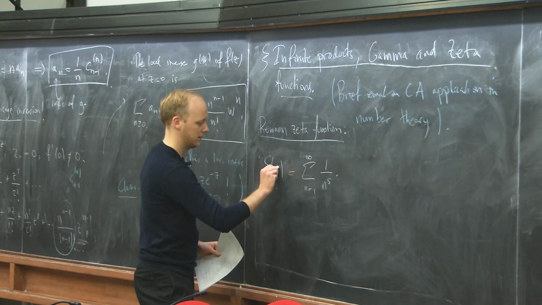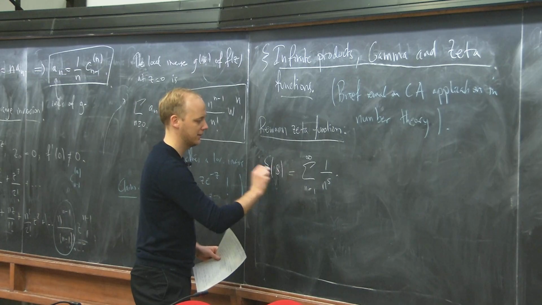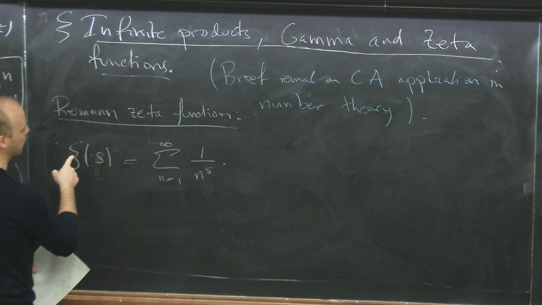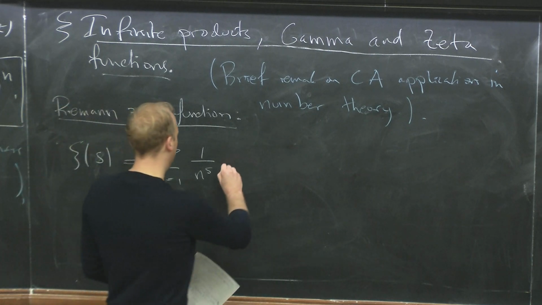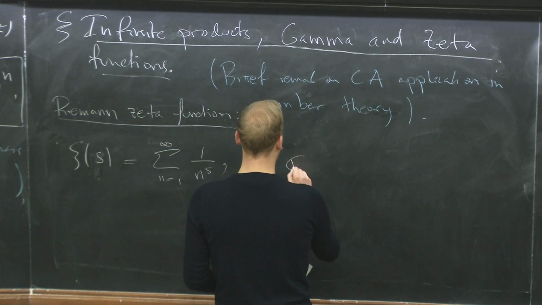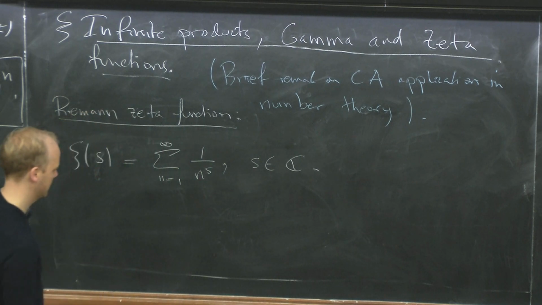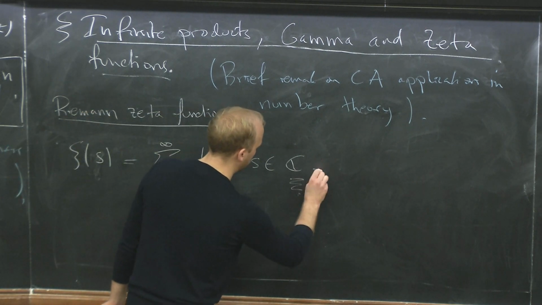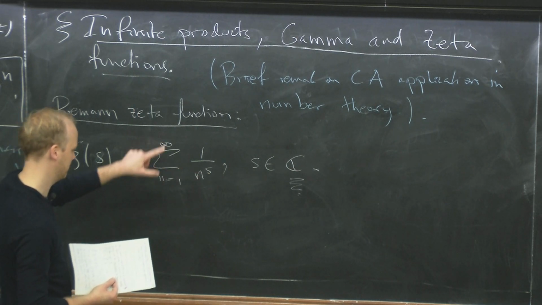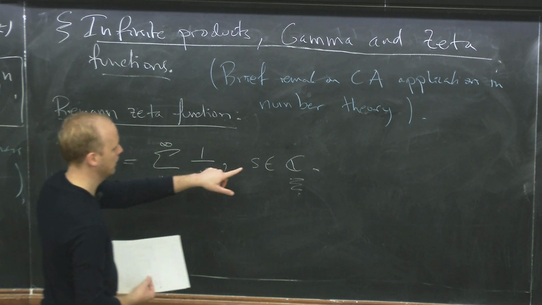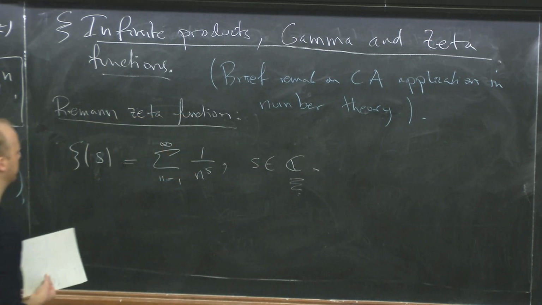Sorry, this is zeta of s. This is my way of writing a zeta. I know it's not very good, but it's my handwriting. And s here is any complex number. This is, of course, important, so you shouldn't think that this is a real number. n goes over the integers, but s is a complex number.